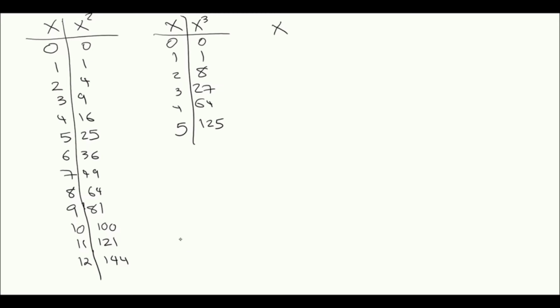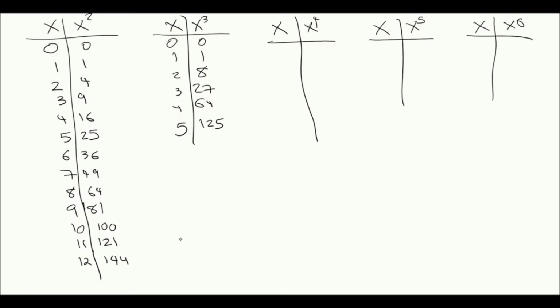So let's do a few for x to the 4. Just a few for x to the 5. And a couple for x to the 6. Like x to the 4, we have 0, 1, 2, 3, and let's go to 5.